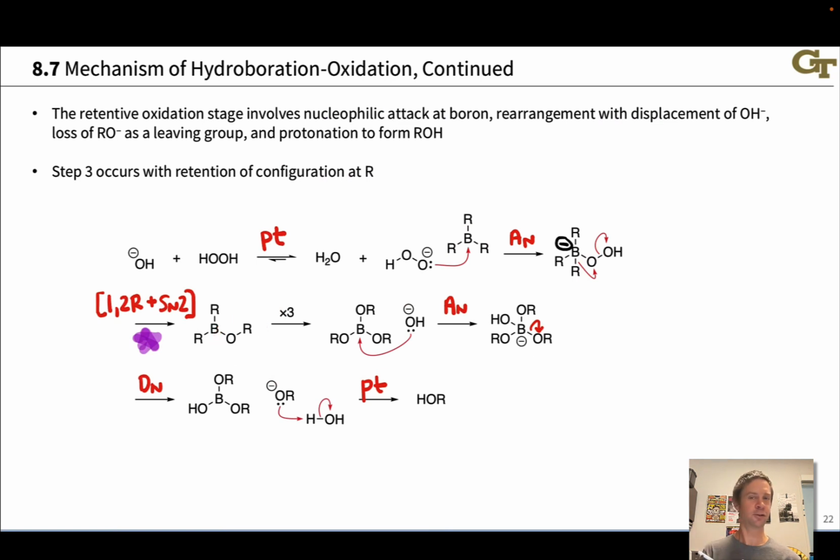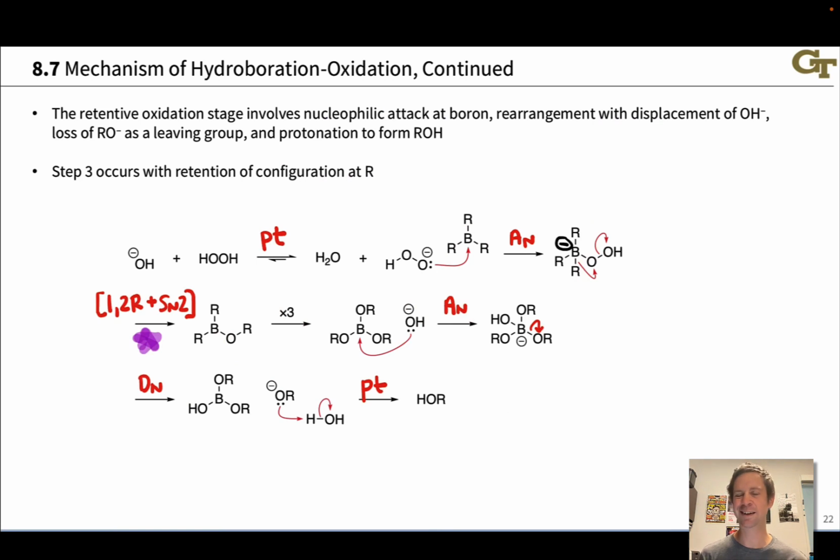So essentially we've accomplished the oxidation, right? We've made the O-carbon bond, and all that remains now is to replace this fragment with a hydrogen. These same couple of steps can happen multiple times, replacing all three R groups with OR groups, and we end up with this. And then we get an addition of hydroxide, which was generated in all of these rearrangement and displacement steps, and that generates this anion, which can lose an OR minus, a loss of a leaving group step, that can get protonated, and there's our final alcohol.